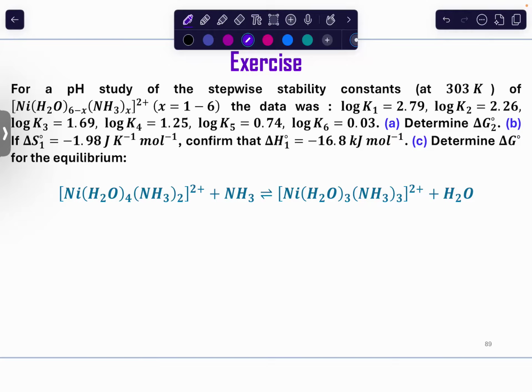So you have the K values as follows, stepping all the way through. Basically, you go from nickel H2O6 to nickel NH36, just one amine at a time. Okay. So first off, let's determine the Gibbs energy of step 2.